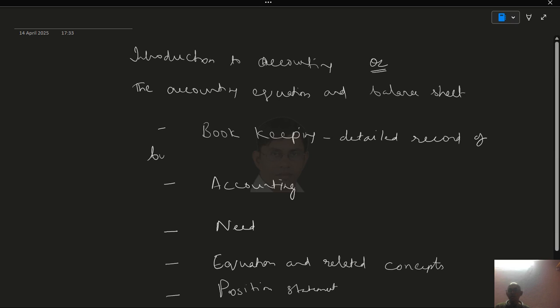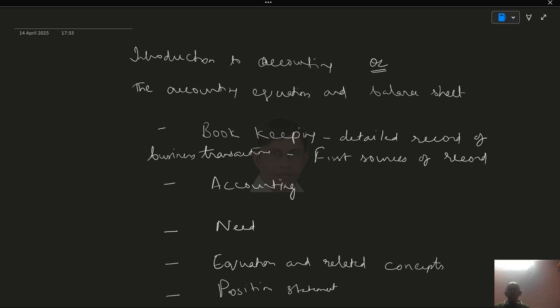A detailed record of business transactions is called bookkeeping. So the bookkeeper records everything in detail, like the bill number, the amount, the account on which it has been received, so many things. The first source of record is made by bookkeeping. So that is known as bookkeeping.